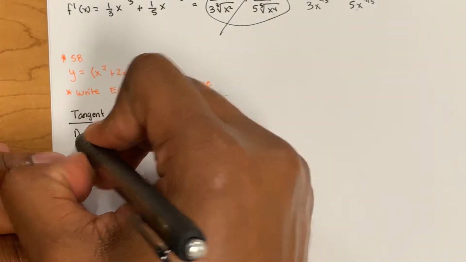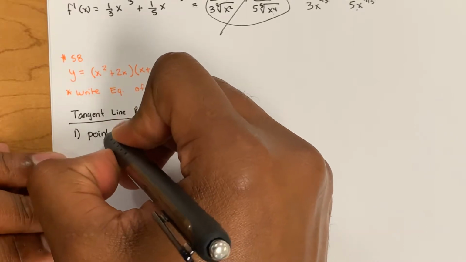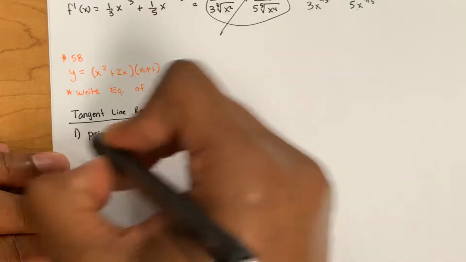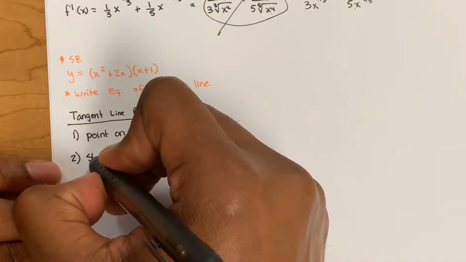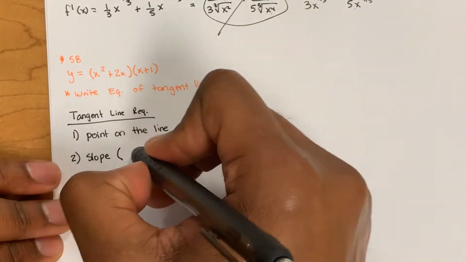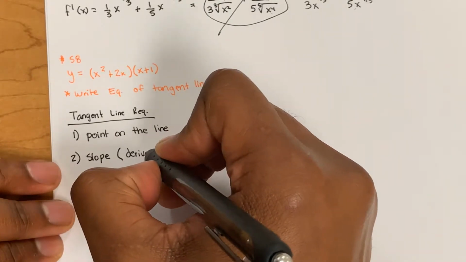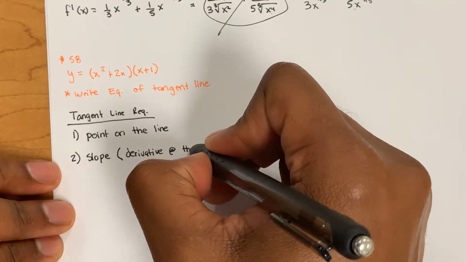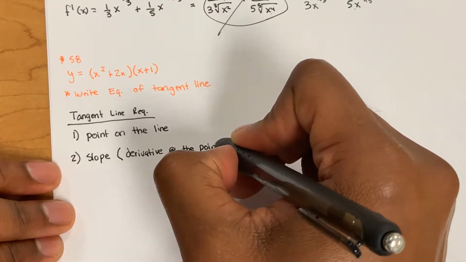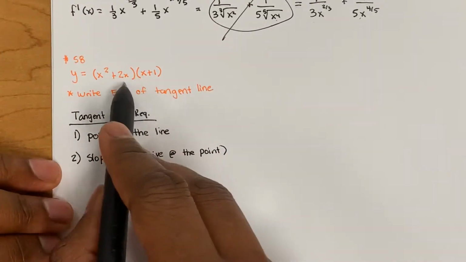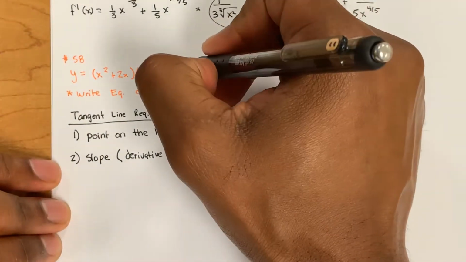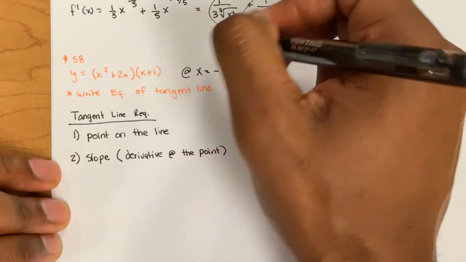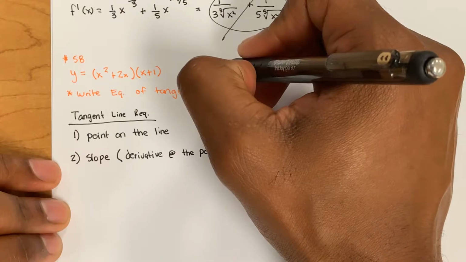We need one, a point on the line, and two, we need the slope, which is the derivative at the point, the value of the derivative at the point. So I don't actually give us a point here. So let's say we want to do this at x equals -3.